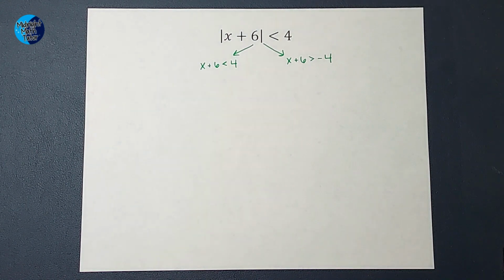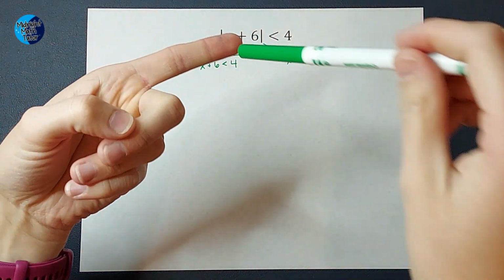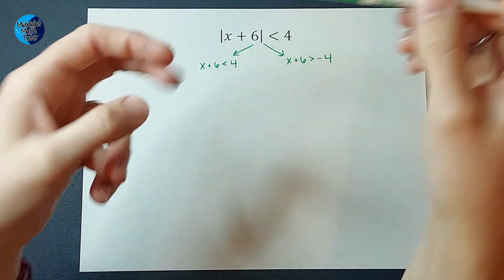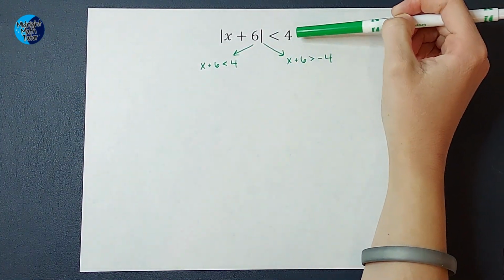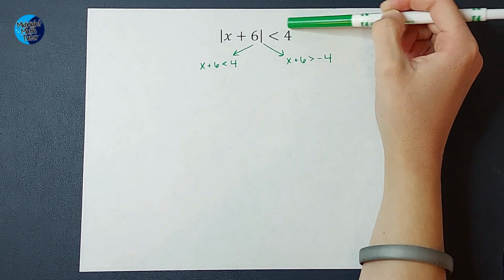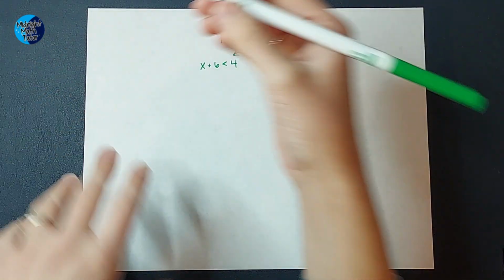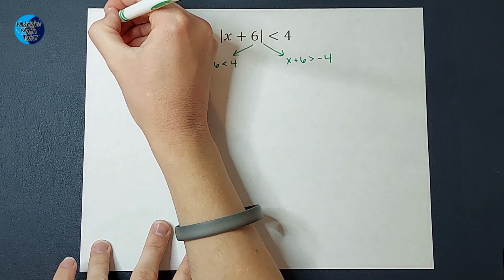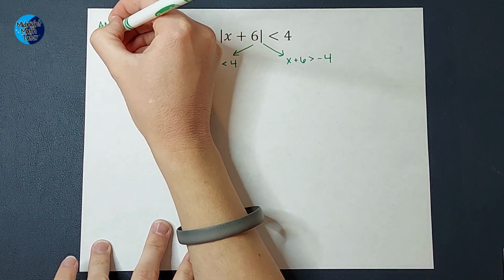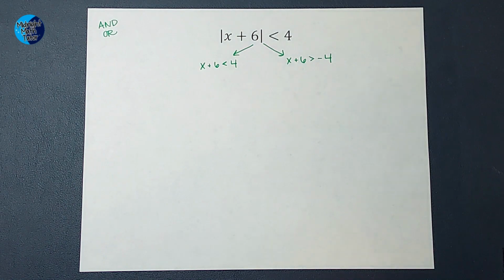All right, now remember I said there were 4 possible types of answers, okay? Well, the all real numbers and no solution have to do with when this number is negative, okay? So this one's positive, so we don't have to worry about that in this example. So what I need to know is if this is an and inequality or an or inequality, okay?